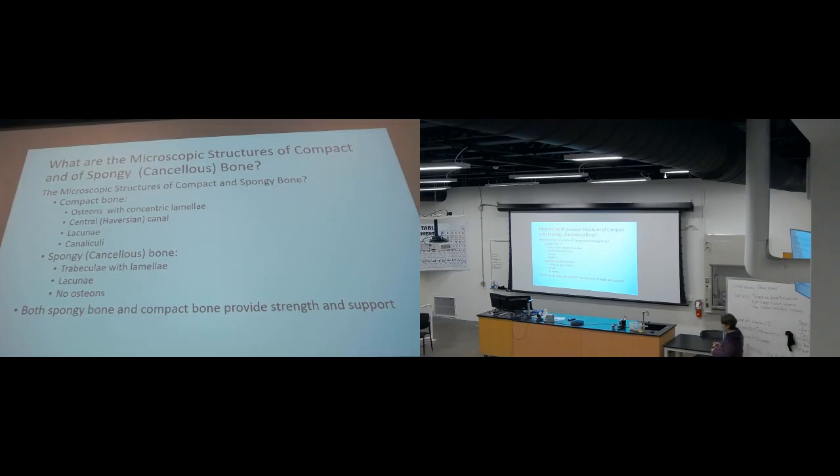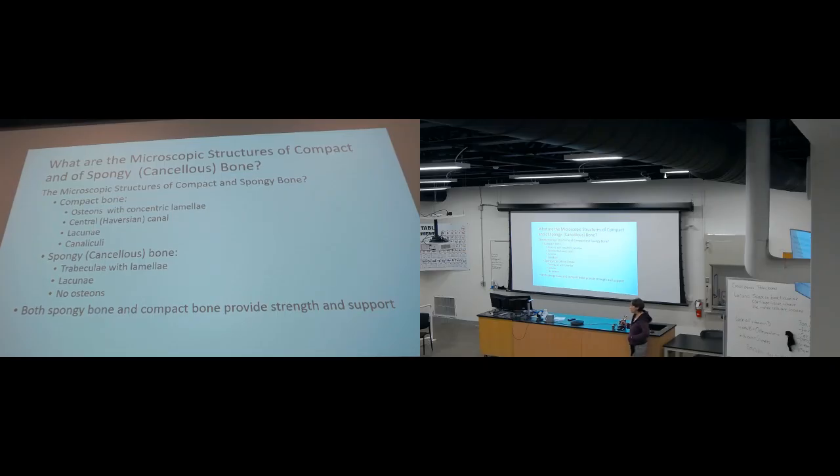So the lacuna, which means little lake in Latin, is the space where you have the osteocytes. And the central canal in compact bone is also known as the Haversian canal. Within these concentric lamellae is where you have the lacunae. Lacunae is plural; lacuna is one.